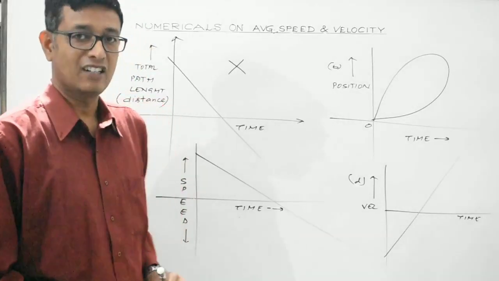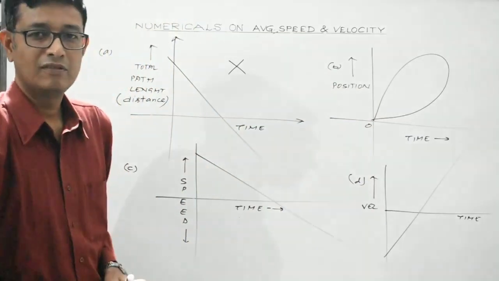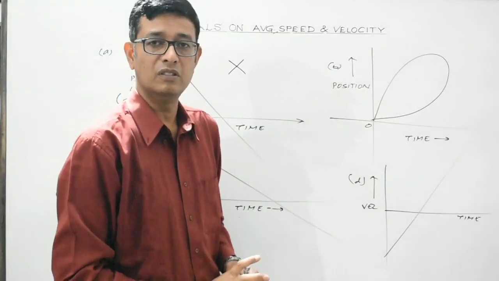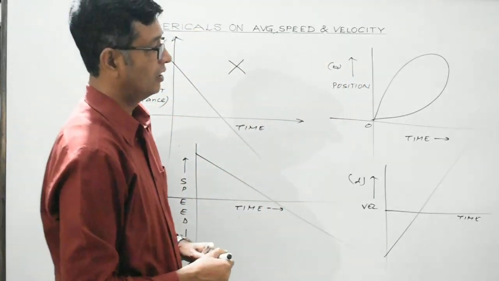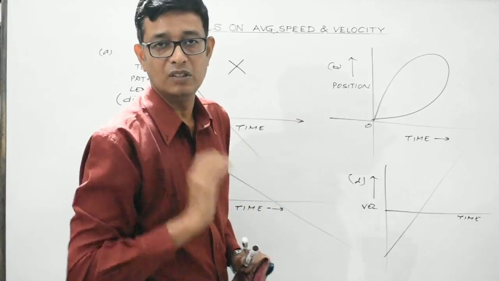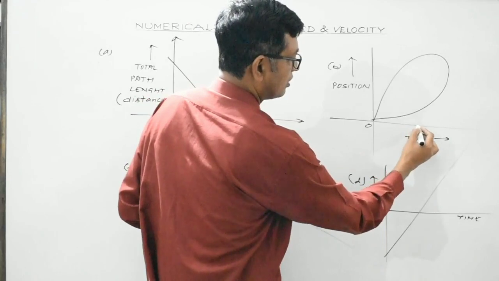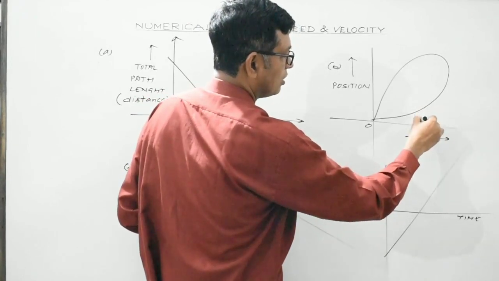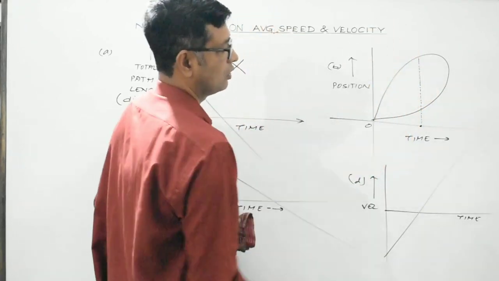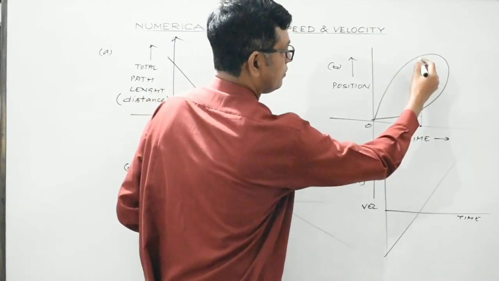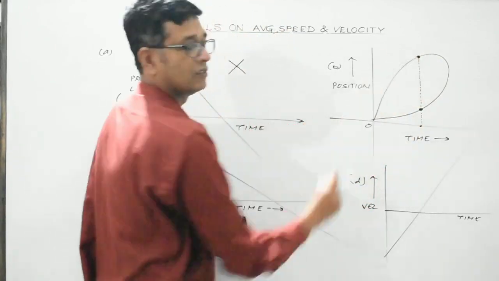Let's consider the second graph. Students, it's a graph between position and time. Can you tell me, is that graph possible? Check it. This graph is also not possible. Why? You need to justify it. Look, suppose this is a given instant of time. You can draw a line parallel to the position axis, the vertical axis. Now look. At a given time, the body is at two different positions.